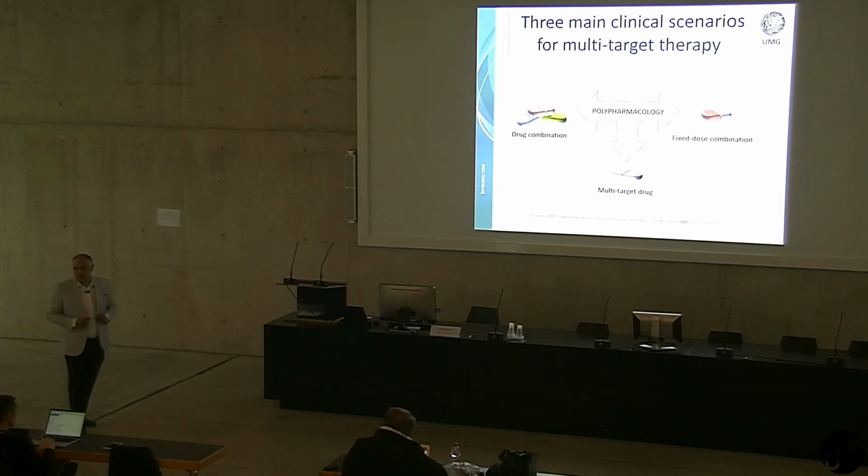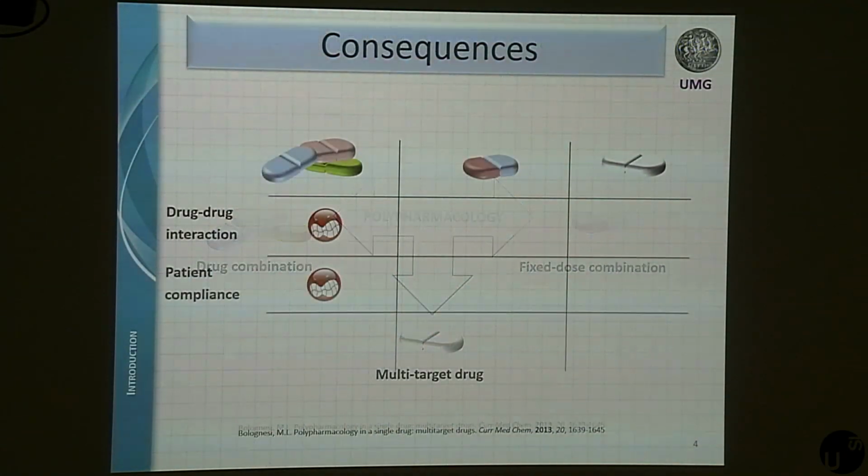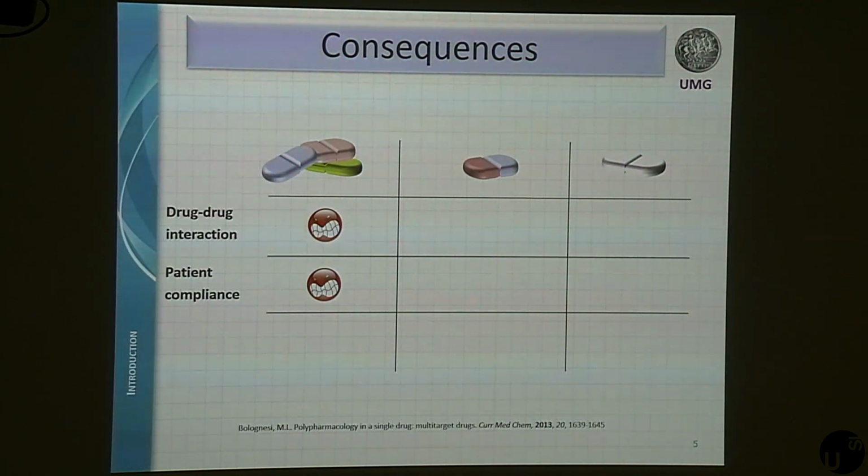Why? The multi-target drug maybe is what we have in mind that we would like to use as the future optimized drug. If we compare the three approaches, we have two main issues that are problematic in the case of the combination of drugs: the drug-drug interaction and also the patient compliance, that, by the way, are always difficult to fight with.